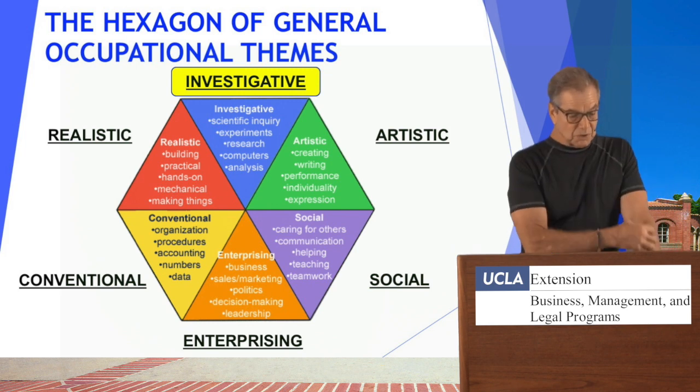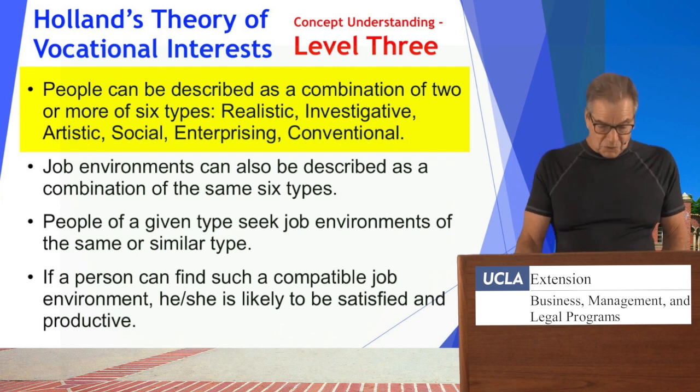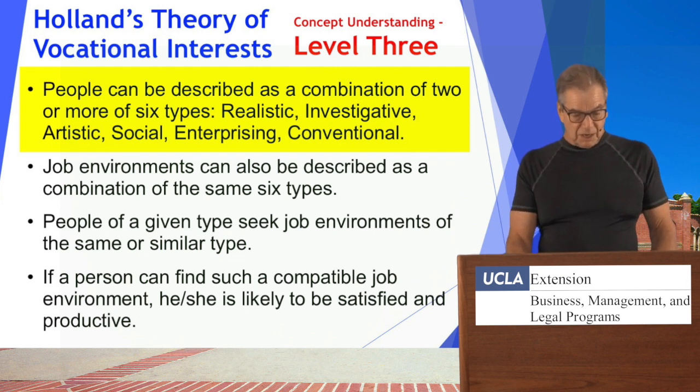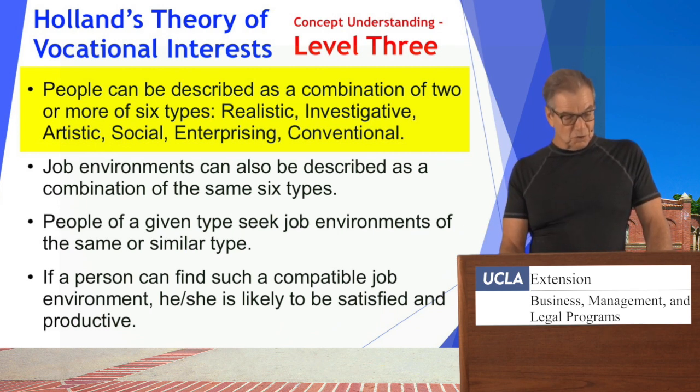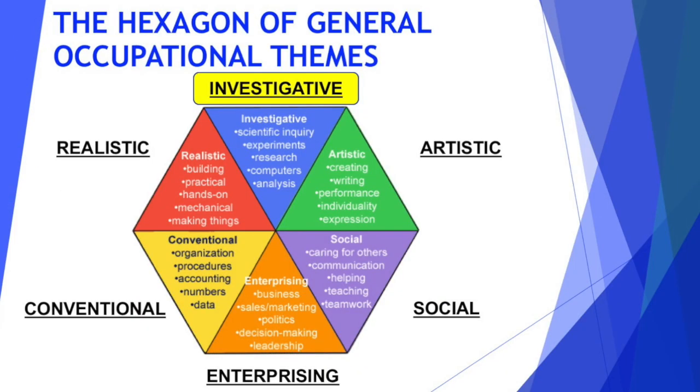And so here we go. People can be described as a combination of two or more of six types: realistic, investigative, artistic, social, enterprising, conventional.